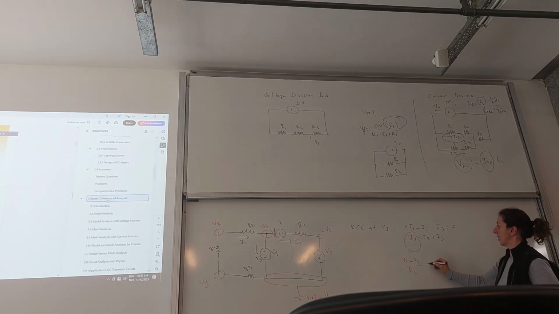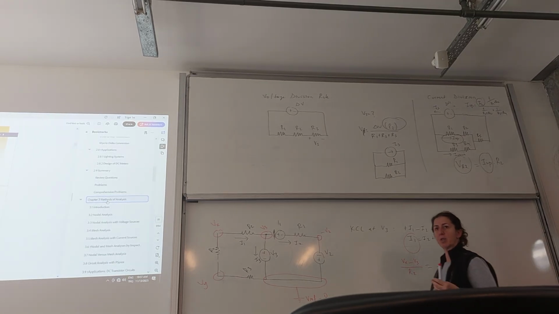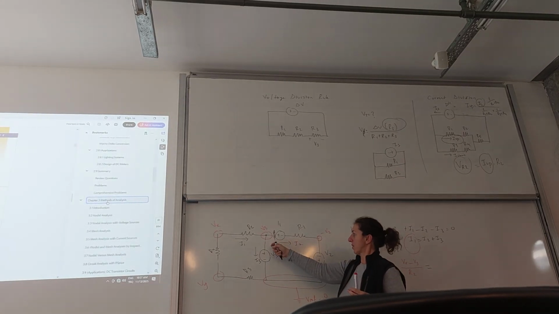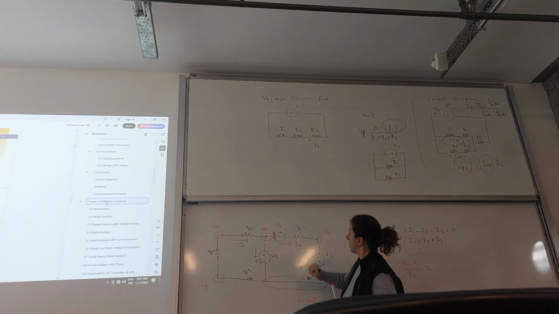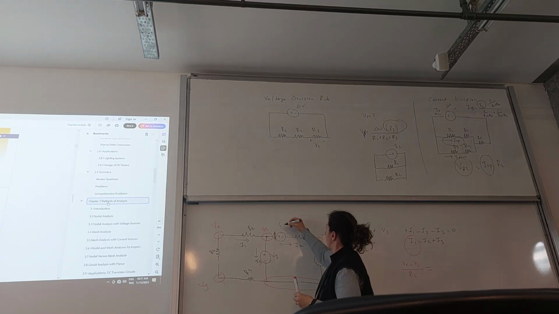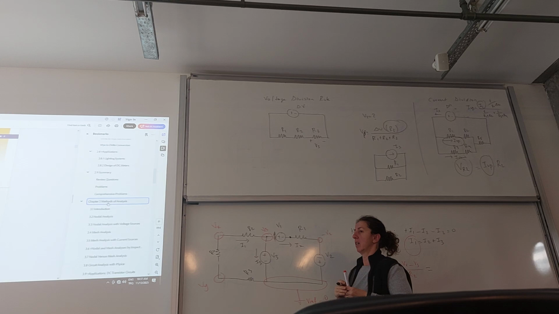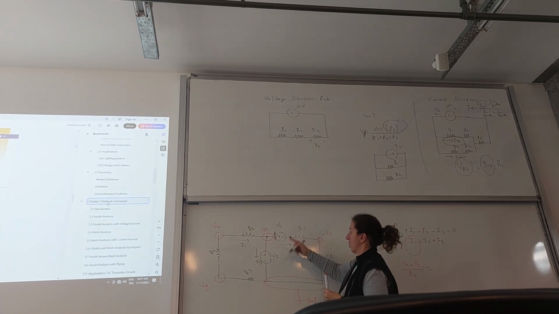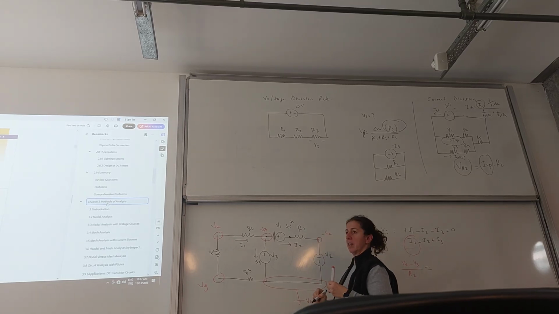So I1 equals I2. I can still write the value of I2, right? It's not V3 only, there's V1 here. So what is the potential here? Minus V1. So it's V3 minus V1, right?